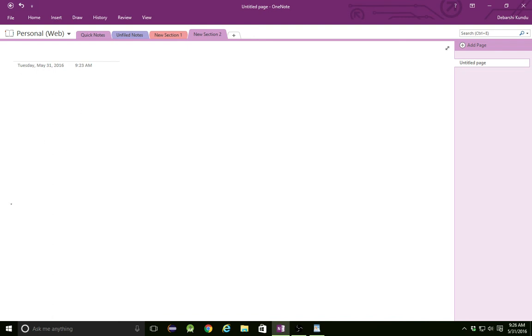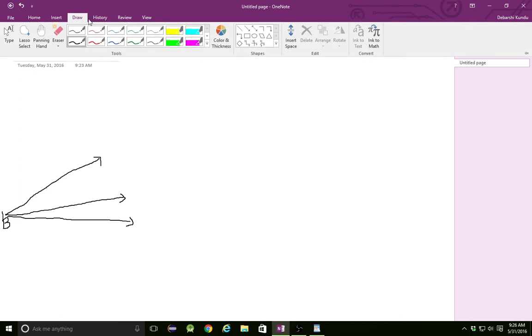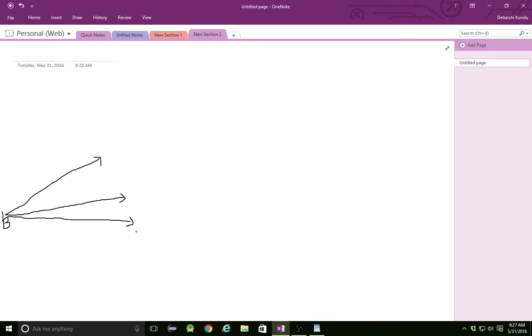So let's say that we have an angle over here, so we're going to call this B. This could be A, and this could be D, and this could be C. So what an adjacent angle essentially means is two angles that are touching each other.